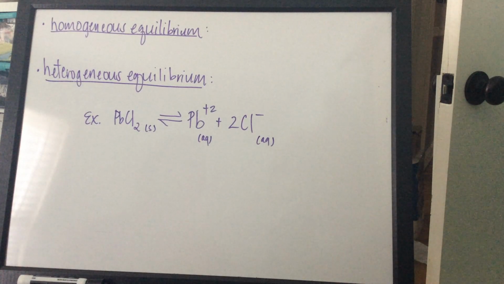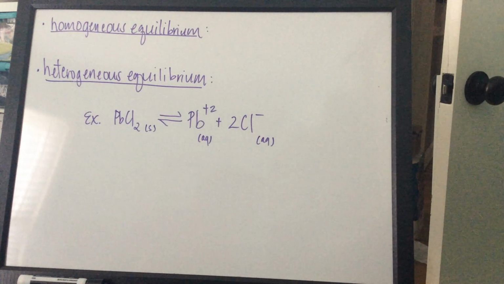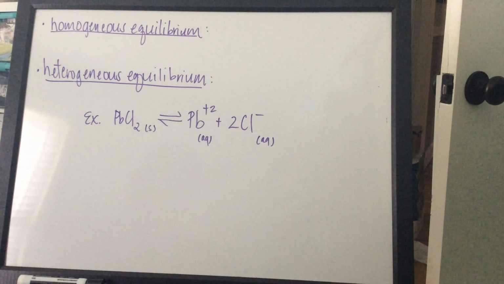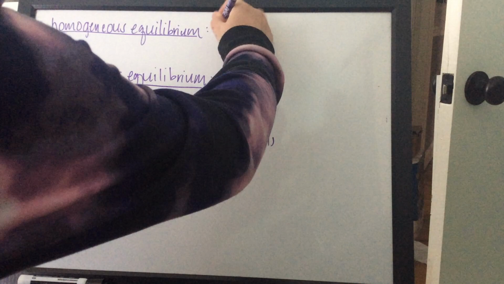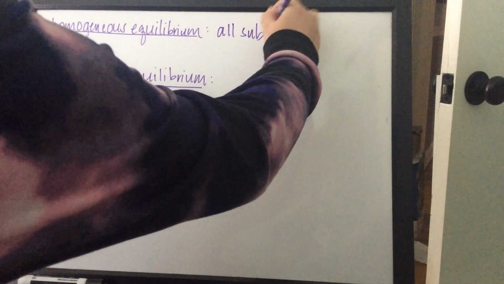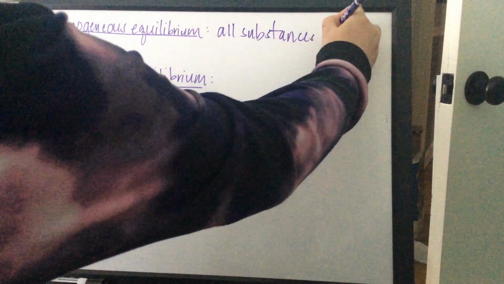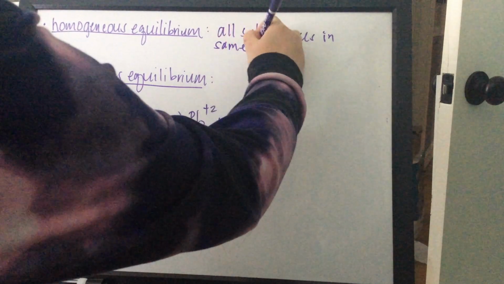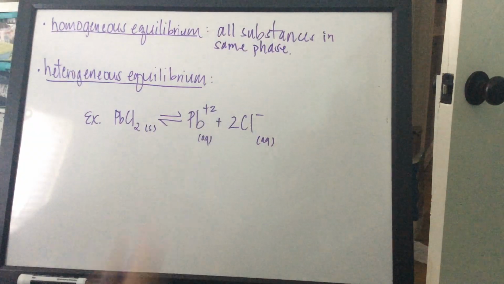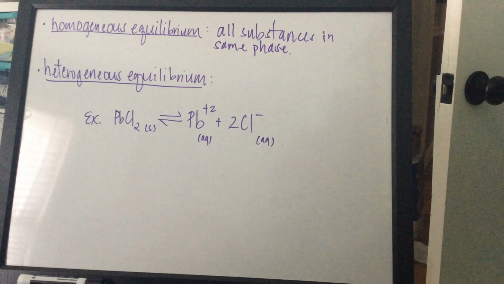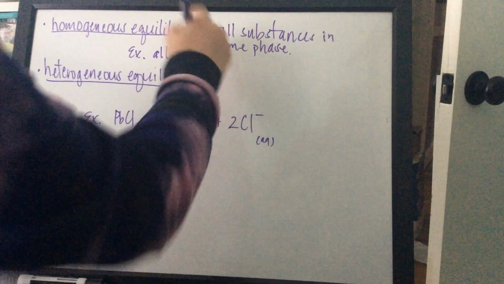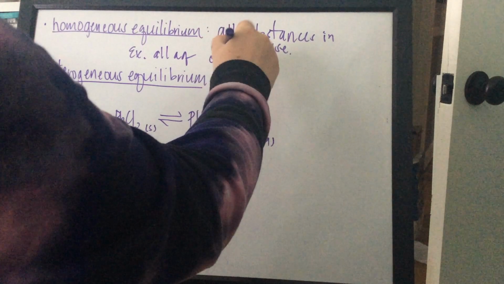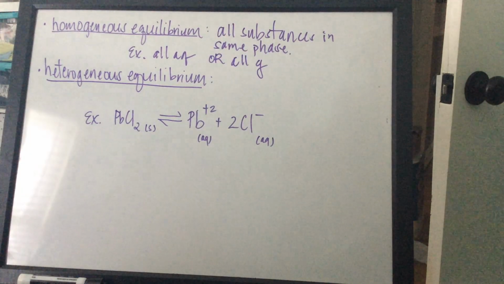So, of course, we have homogeneous and heterogeneous equilibrium, and so far, we've really only dealt with homogeneous equilibrium, which is when we have all substances in the same phase. So most of the time, the reactions that we've done have been all aqueous reactants and products, or all gas reactants and products.